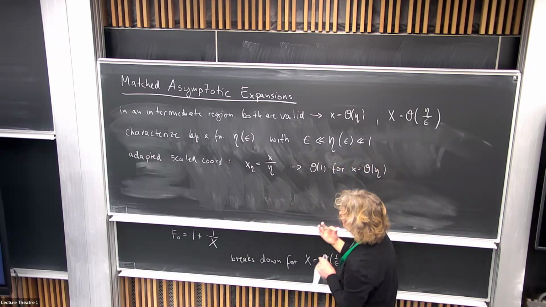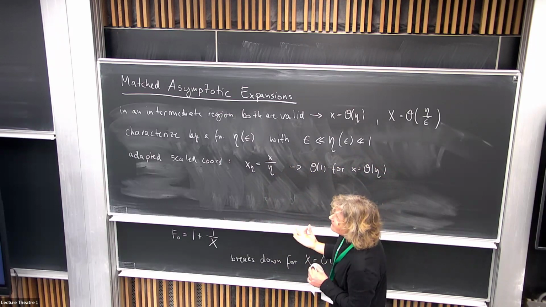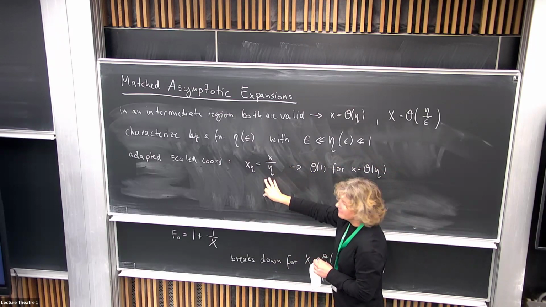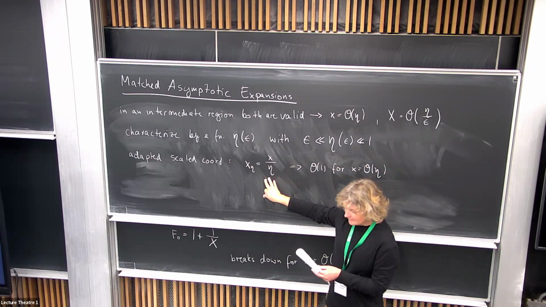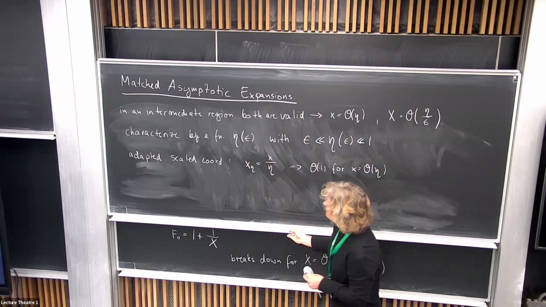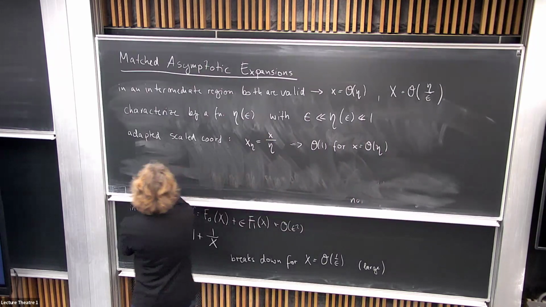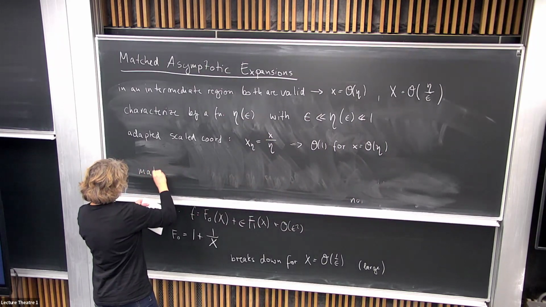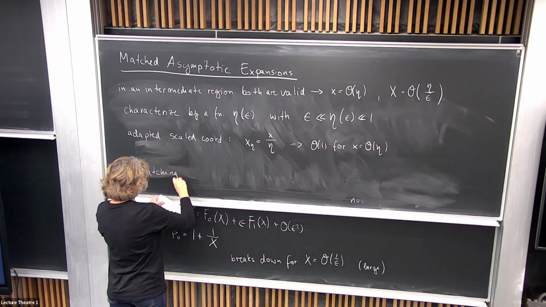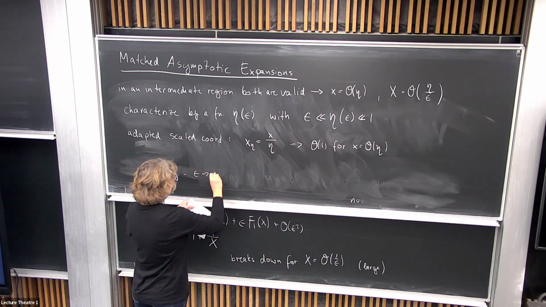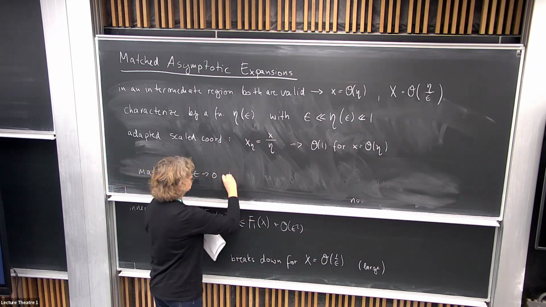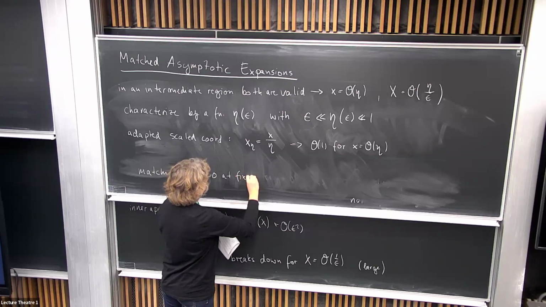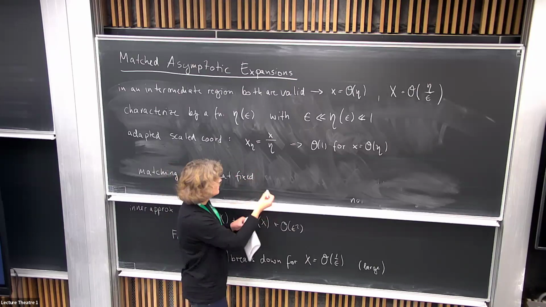So now we have adopted a scaled coordinate for the intermediate region. The matching is now going to be carried out for epsilon goes to 0 at fixed x eta, because again we need a coordinate that is order 1.